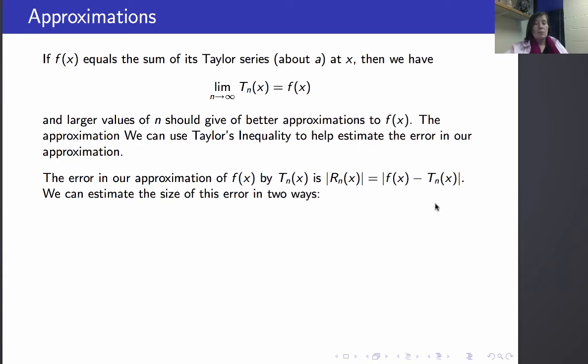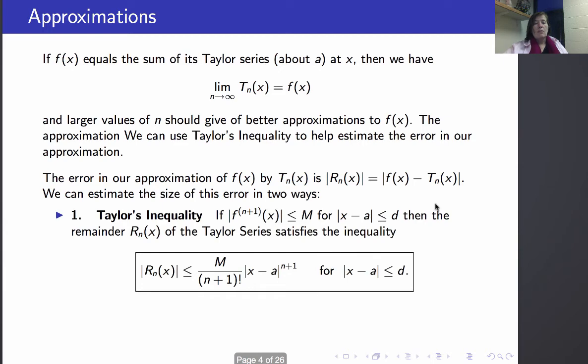And of course, as we mentioned when looking at the graphs, larger values of n should give me a better approximation to f(x). So when approximating, we can use Taylor's inequality to help control the error in our approximation. And the error in our approximation is given by the absolute value of Rn(x), which is the absolute value of f(x) minus Tn(x).